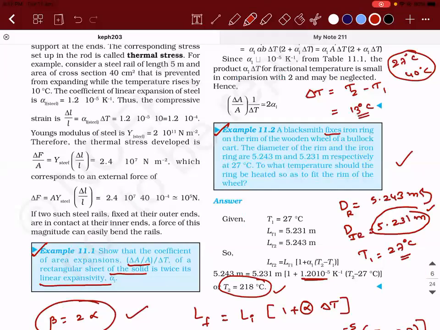Now convert this to Kelvin. 27 degrees Celsius, you add 273 to it, so it becomes 300, and you add 273 here, it becomes 313. The difference between these two is 13 Kelvin. Got it? Because you're adding 273. But had it been in terms of Fahrenheit, then you would have had to convert it.